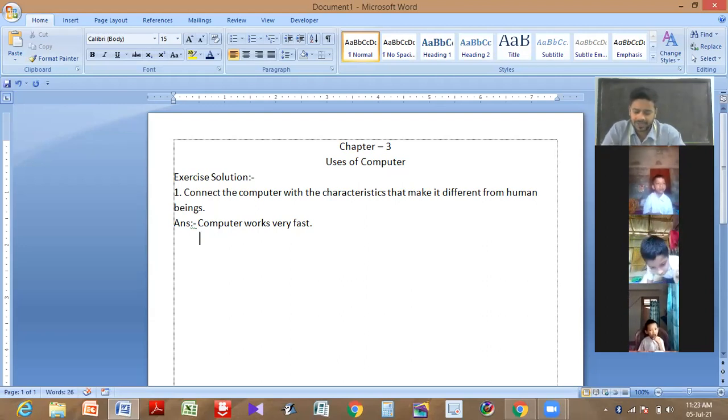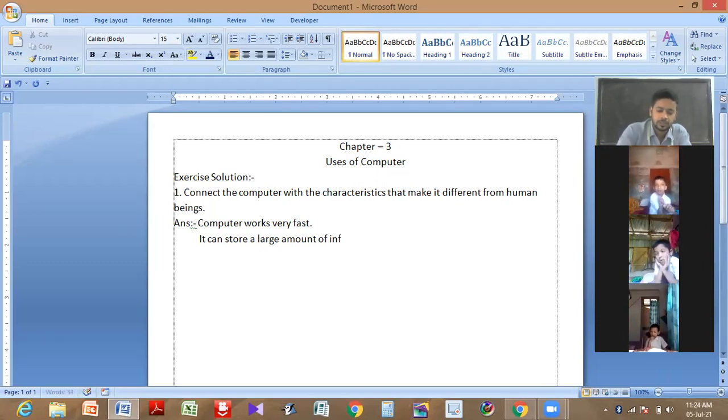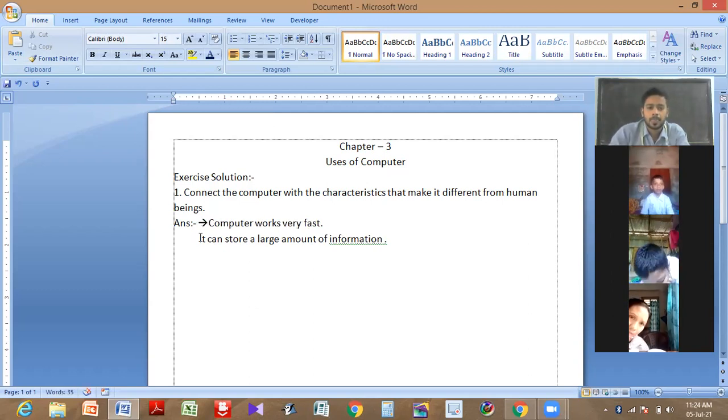So we are going to write: it can store a large amount of information. This is one more striking feature of a computer.